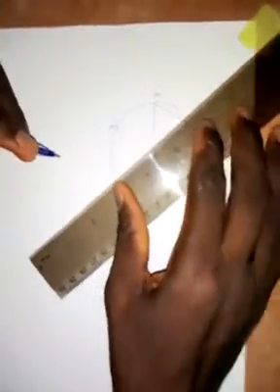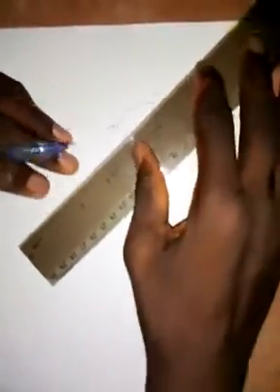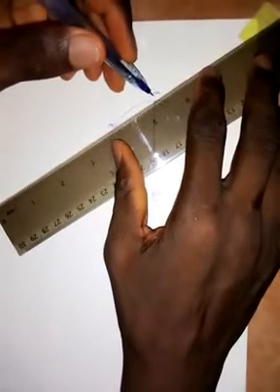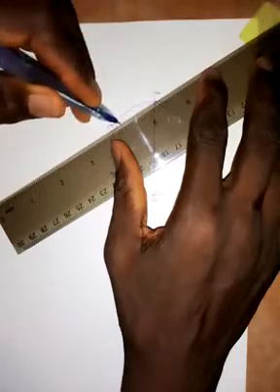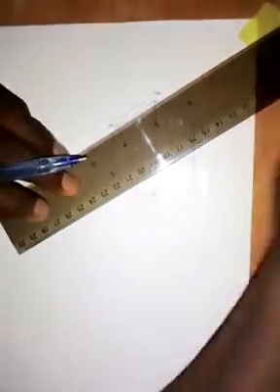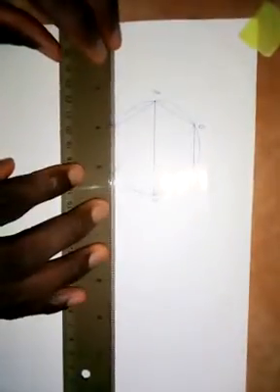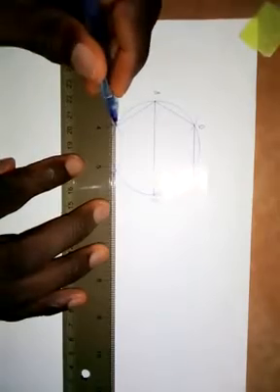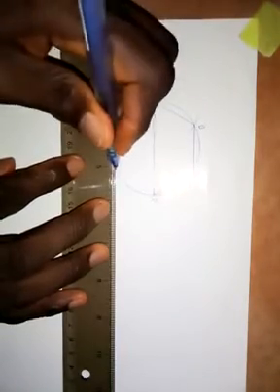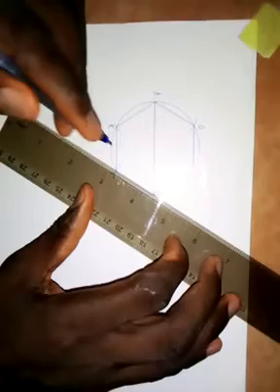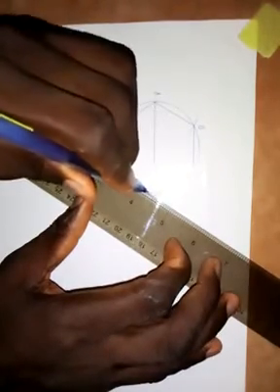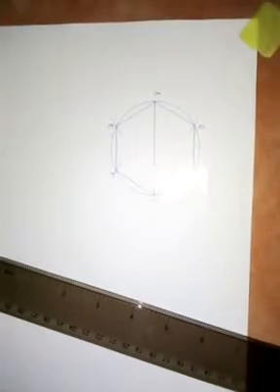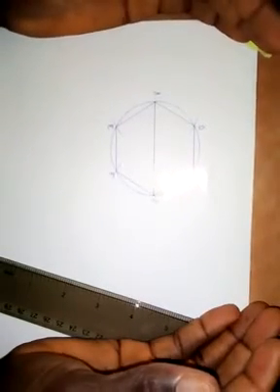Then I will join AE together with a straight line, and EF together with a straight line. Now I will join the last one, that is F and B. Point F and B, join them together with a straight line. So this is the hexagon.